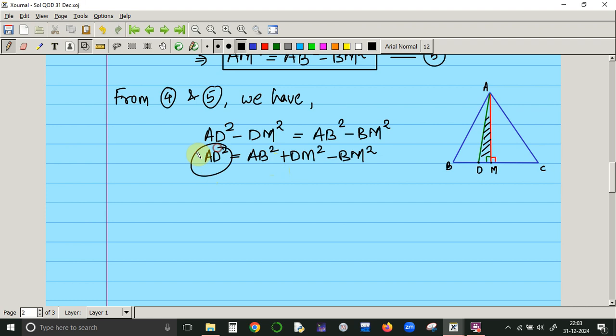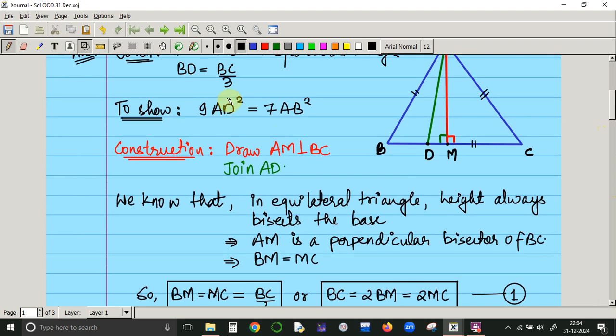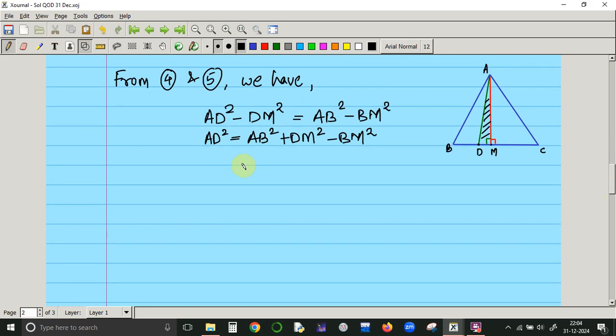Now, I'm not going to disturb this AD square and AB square. Why? Because just look at the proof. What we have to show is AD square and AB square. They're already there. I just need to adjust this 9 and this 7. So AD square, what I have planned is I am going to replace this DM.